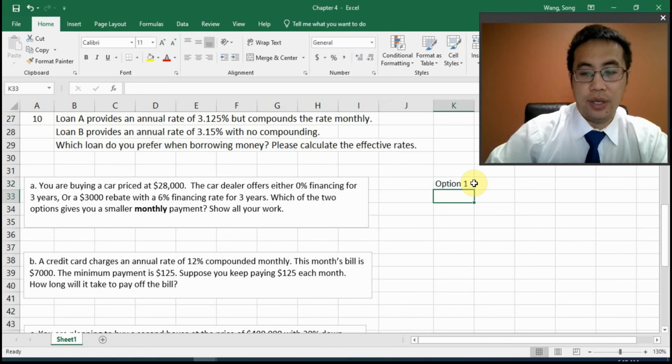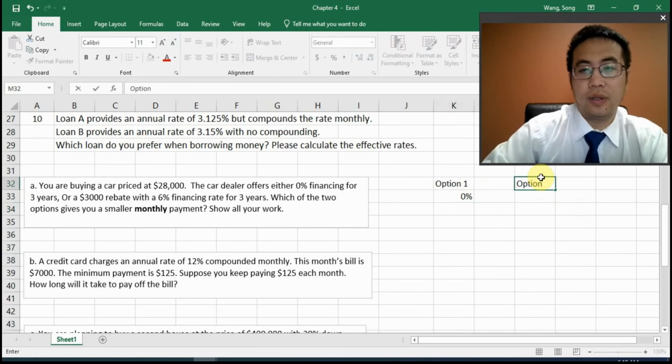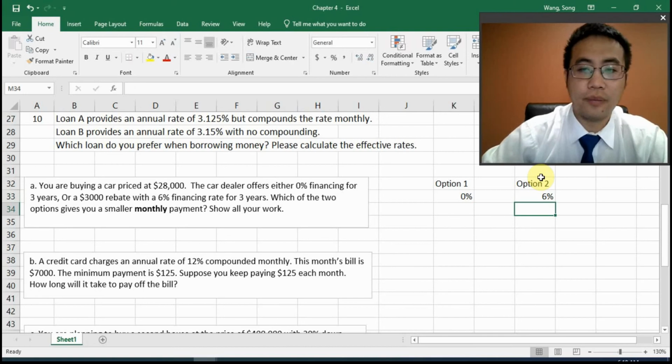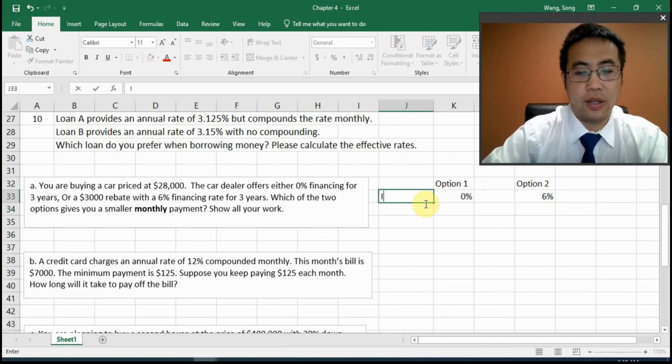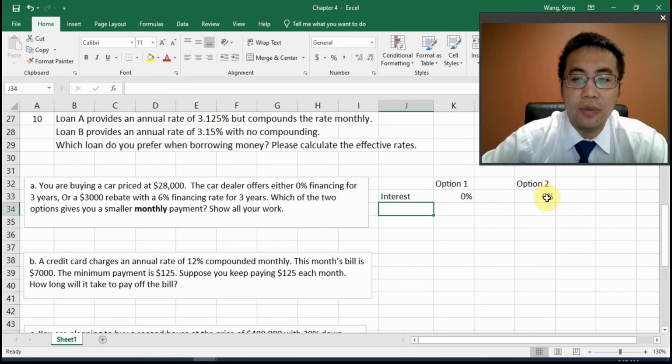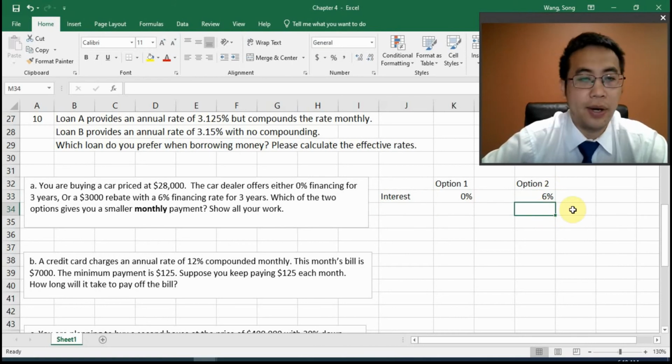So option 1 is 0% financing, and option 2, you have 6% financing. So this is the interest rate. The thing is, if you pay interest, then you would have an instant cash off from the price.